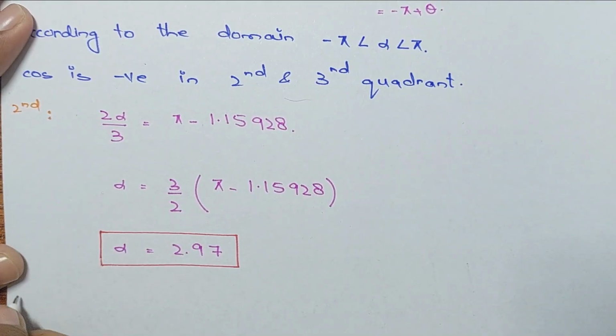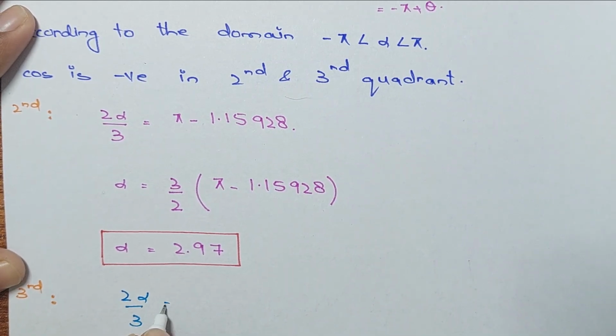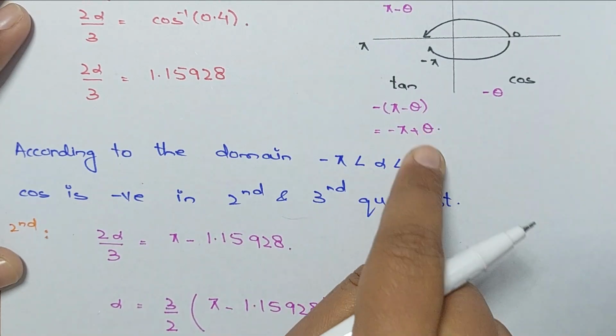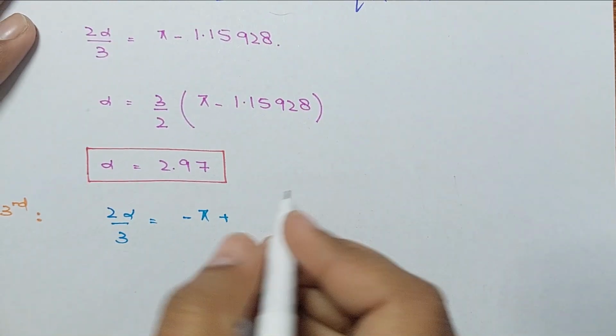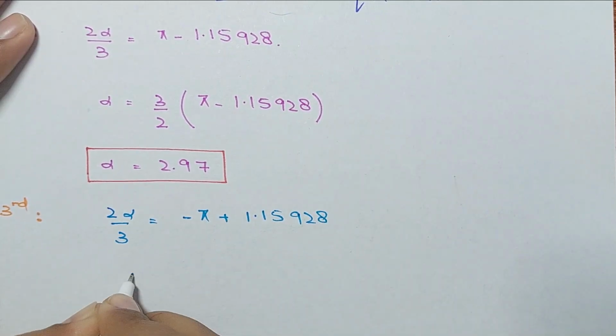Now we are dealing with the third quadrant. For the third quadrant, the angle 2 alpha over 3 would be equals to minus pi plus this base angle, 1.15928. So what is alpha?